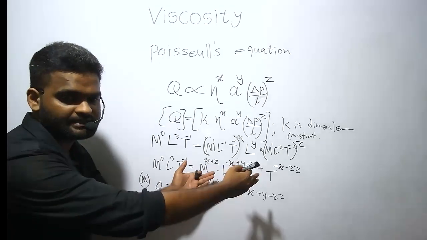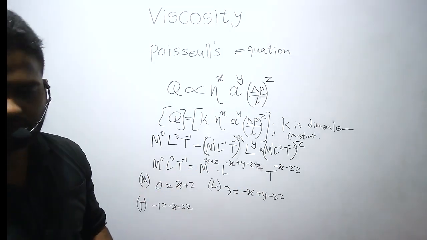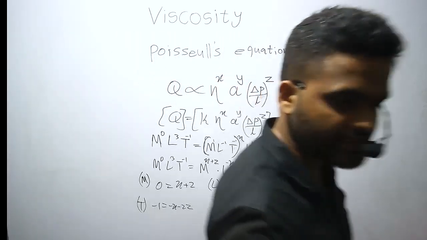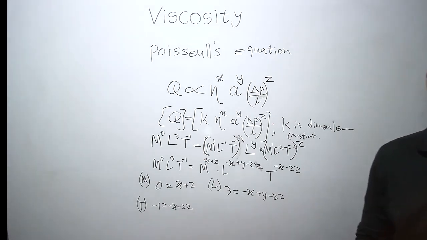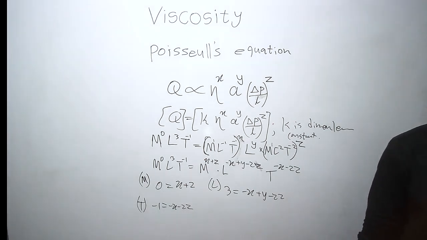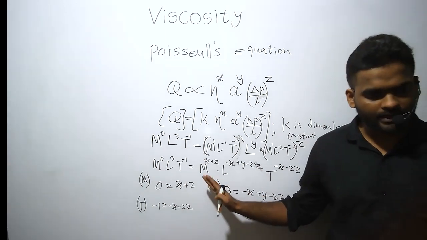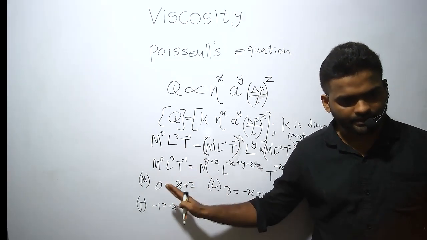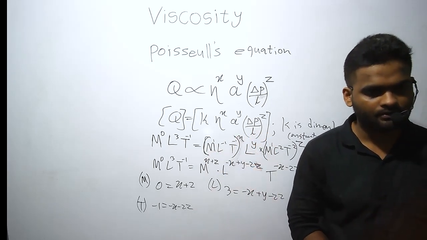These are simultaneous equations. Simplify these and let me know the answer. Just find x, y, and z, and let me know the answer.